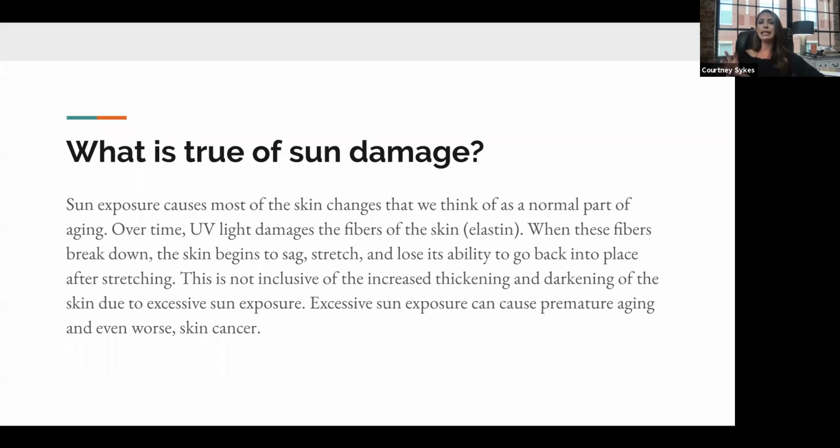So for your notes, write down sun damage and then examples or characteristics, okay? Increased skin thickening. If you've ever seen There's Something About Mary, and I think her name is Magda, she's the one that lays out all the time and looks like a piece of leather and it looks a little crazy. That is caused by thickening of her skin due to increased sun exposure.